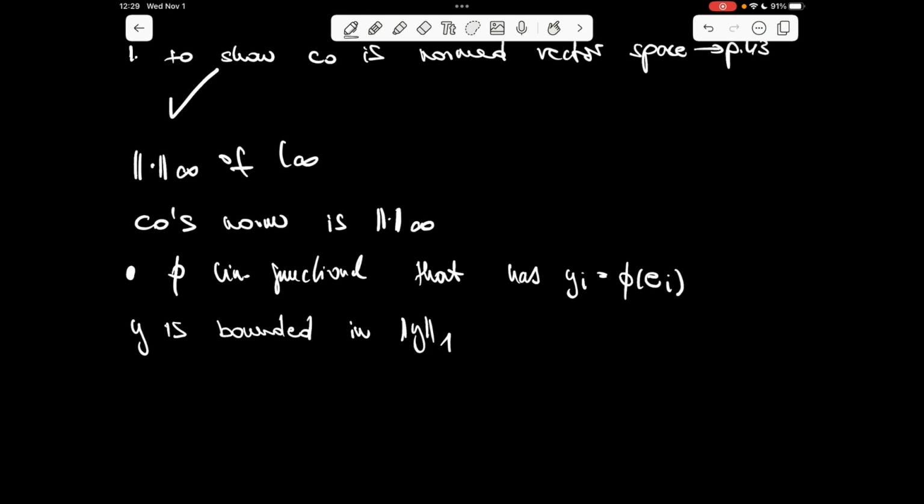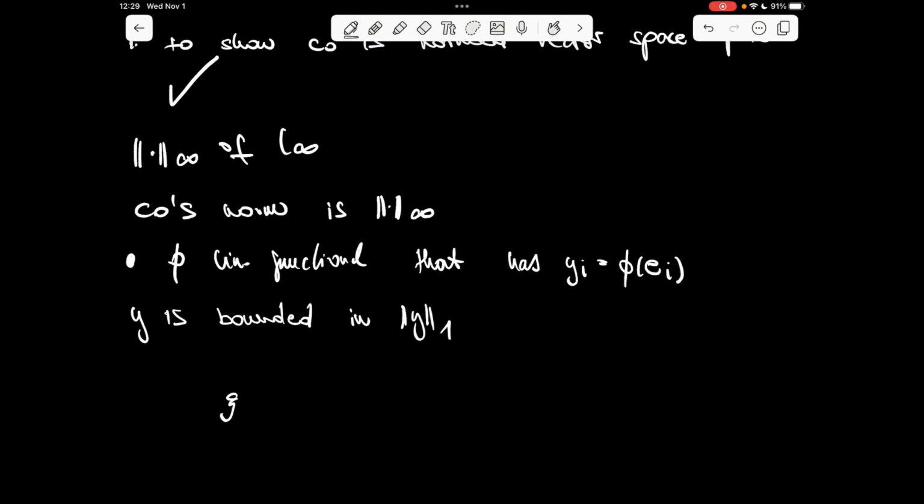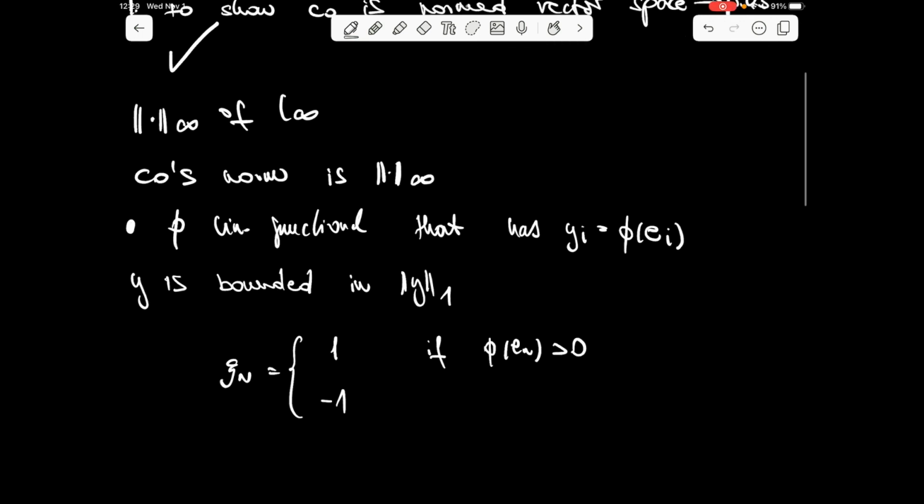Let's define the following numbers. Cn is 1 if phi of en is strictly positive, and -1 if phi of en is below 0.